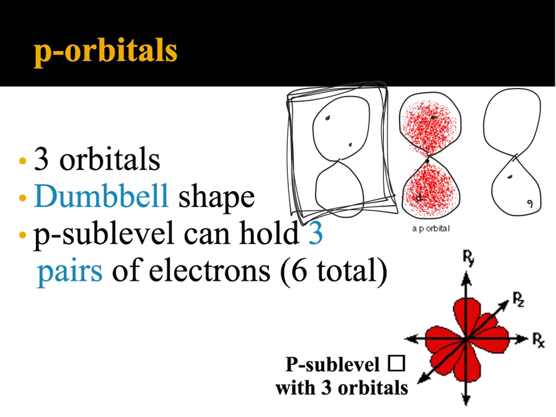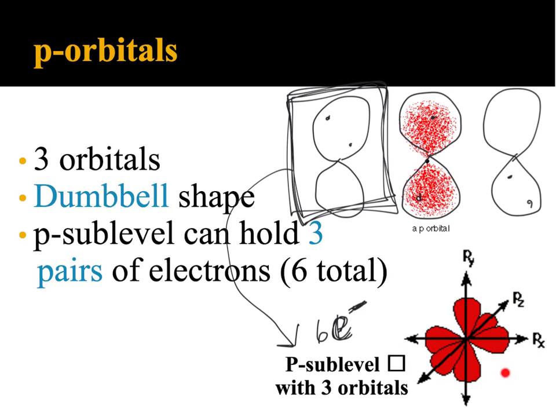This is the orbital. Now if you remember, the p sublevel holds a total of 6 electrons. And so if I've got 6 electrons and this orbital up here only holds 2, I'm going to need a total of 3 orbitals to hold all 6 of those.